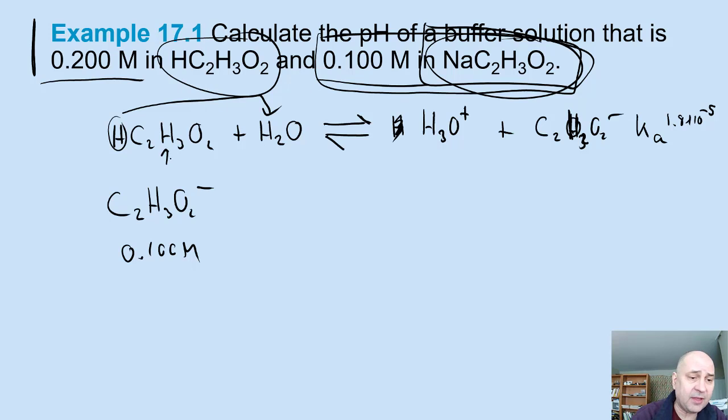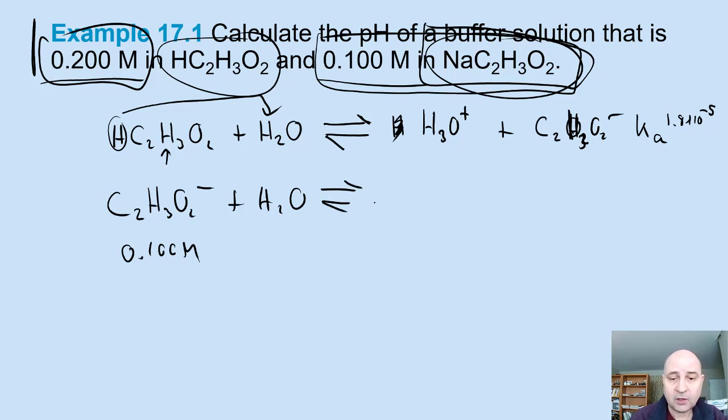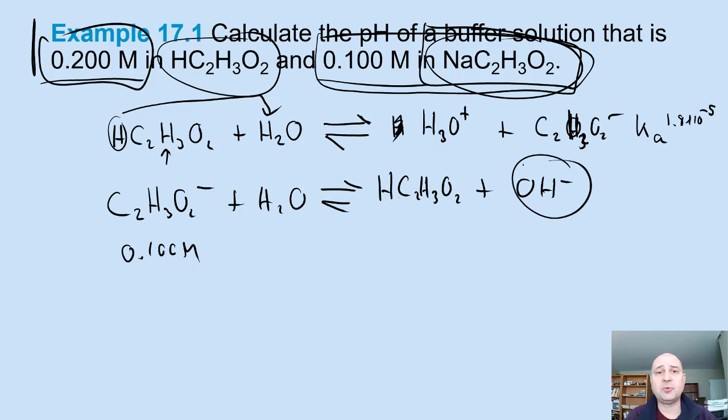Whereas I don't have that for this concentration. This would react with water to form acetic acid and hydroxide, okay? And this hydroxide that's produced will increase the pH, right?